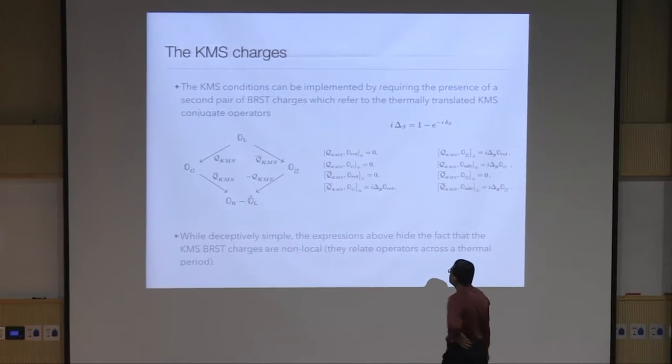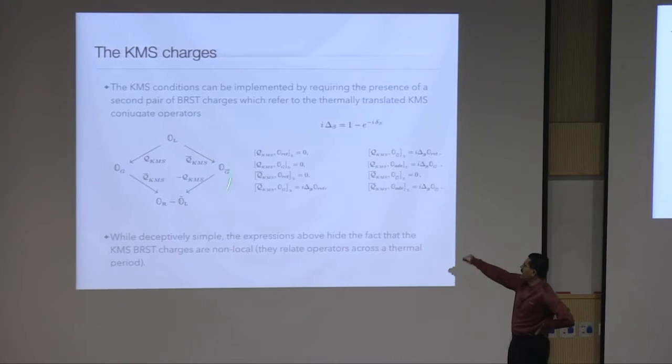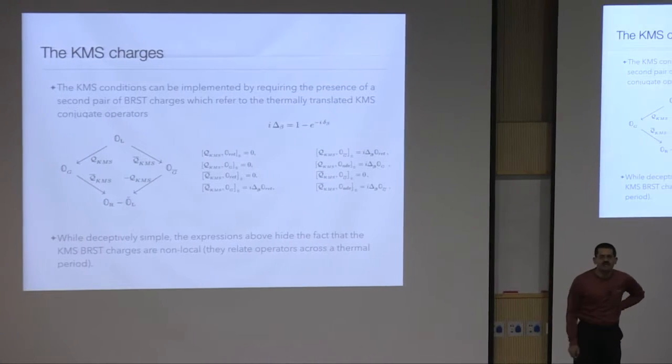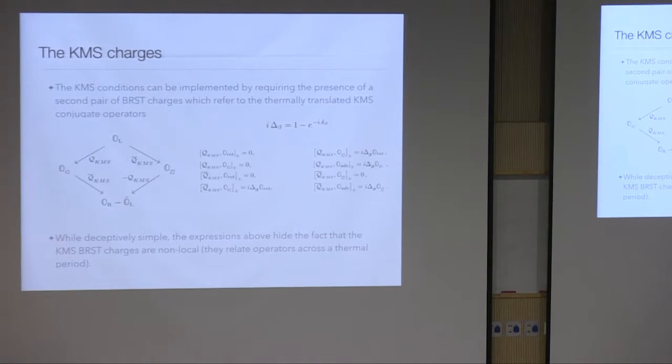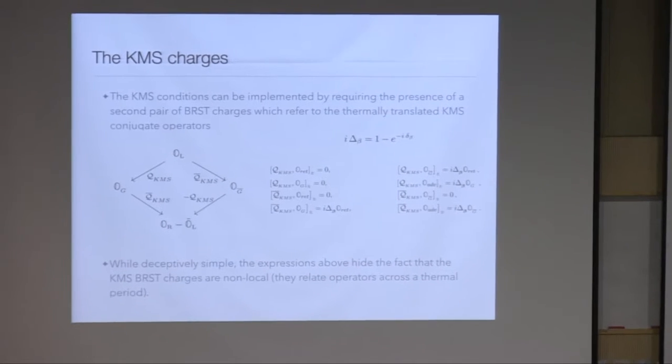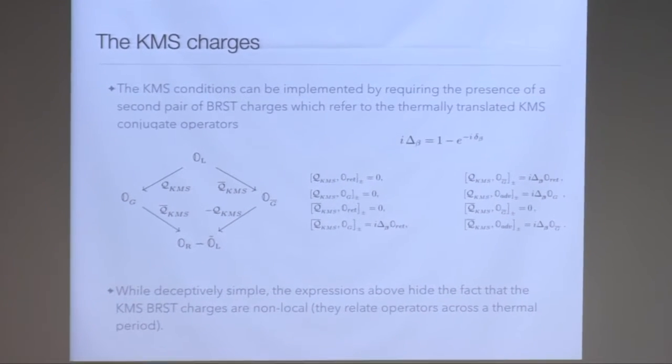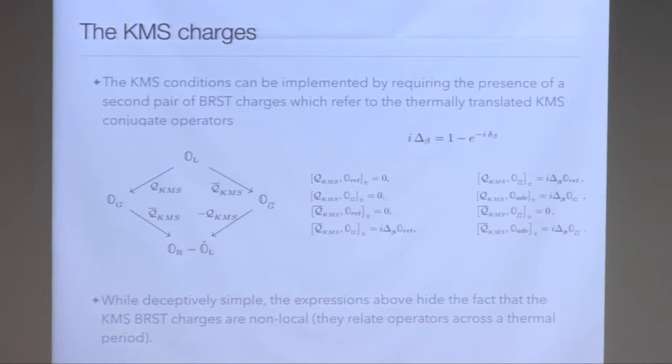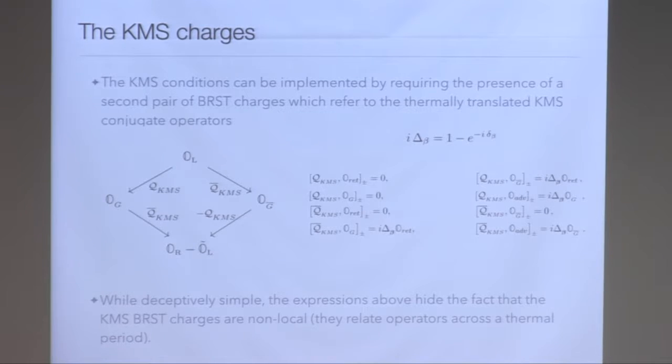So, given some operator, you have the same complex. Labels have changed because now the bottom component, what is BRST exact, is not the difference operator, but the difference operator where the left piece has been shifted, whose time argument has been shifted by i beta.